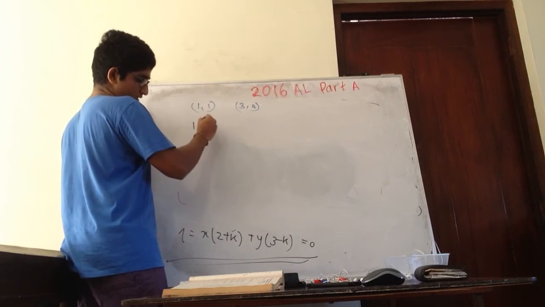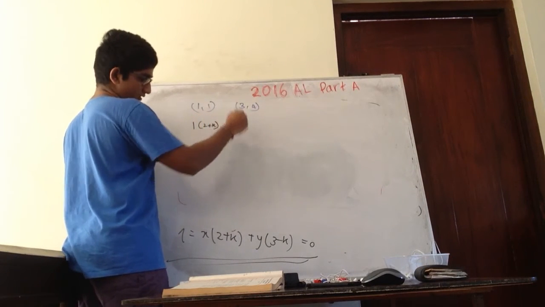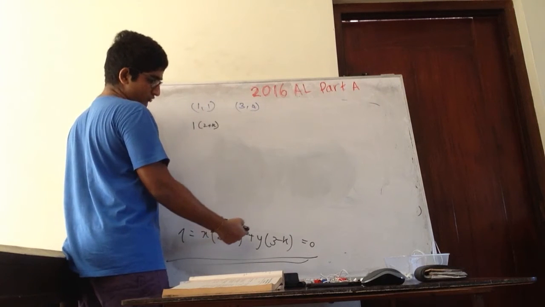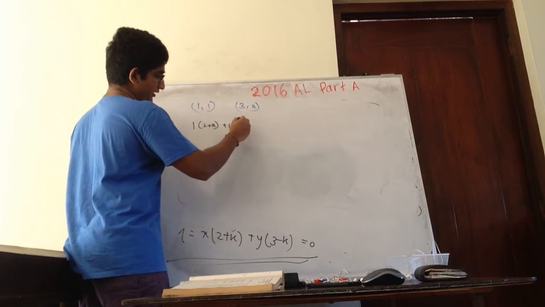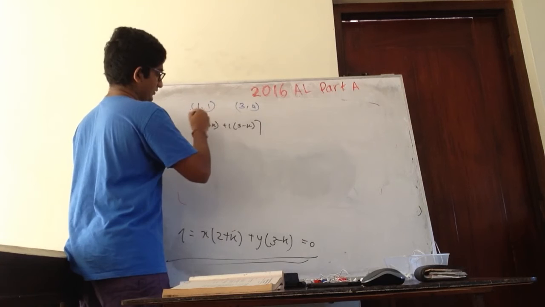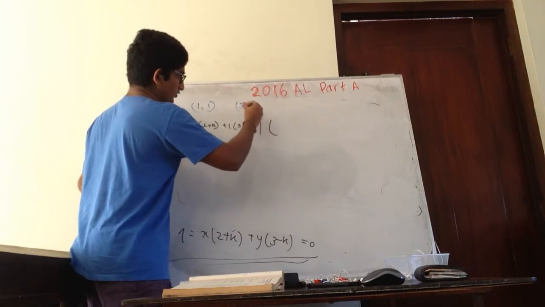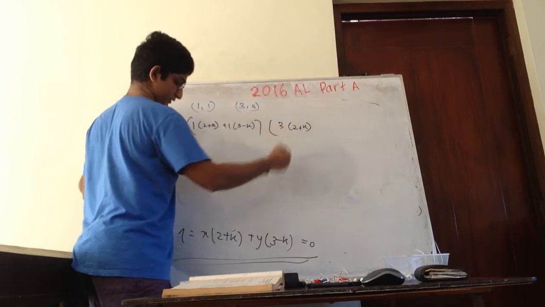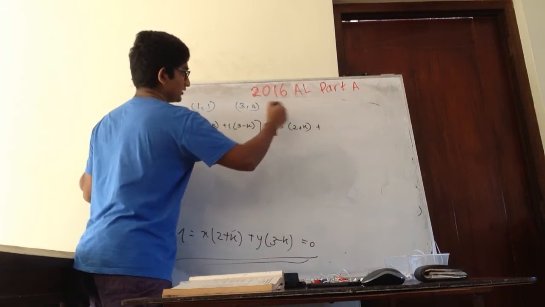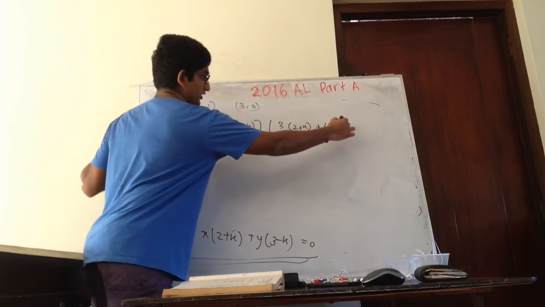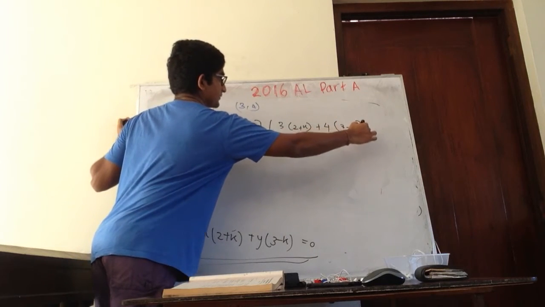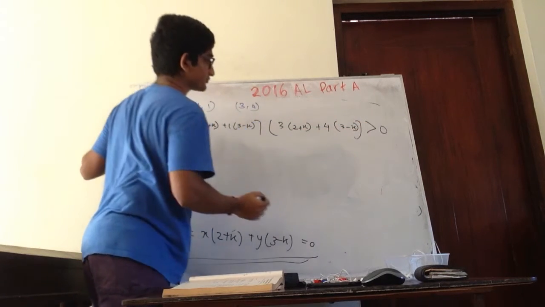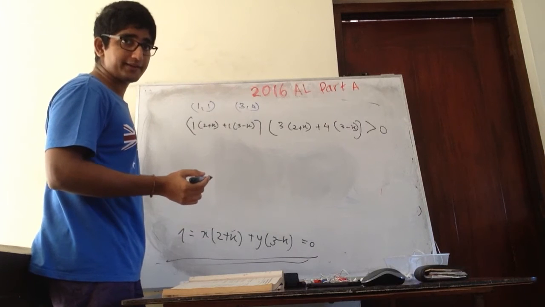So 1(2 plus k), y value is also 1, so plus 1(3 minus k), into 3(2 plus k) plus 4(3 minus k) is going to be greater than 0, right?